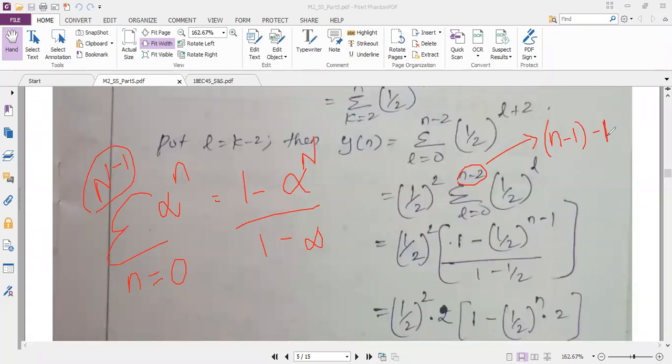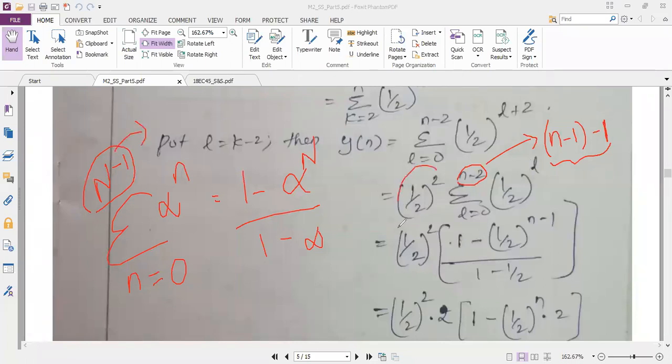Yes, Harshita. Yes, ma'am. Do you know why I have written n minus 2 as n minus 1 minus 1? To make it in the form of n minus 1, ma'am. Very good. Okay. So I have successfully made it in the form of n minus 1 as per the standard formula.